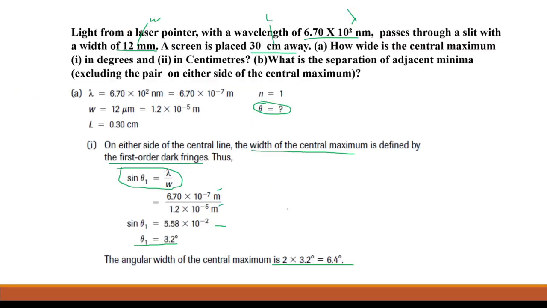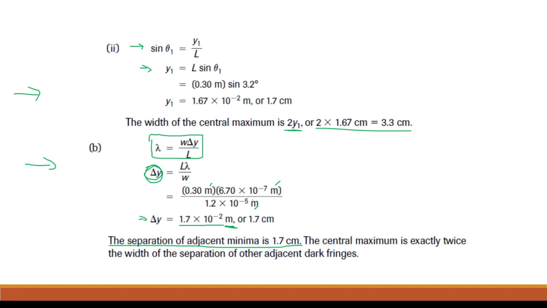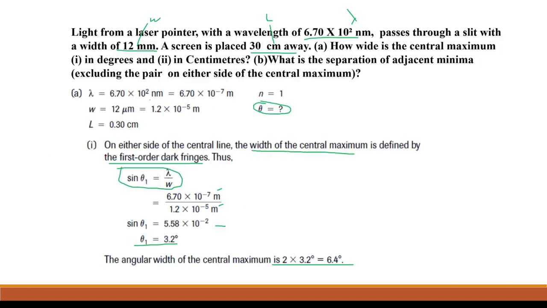And so what we've seen happen here is we've confirmed how equivalent these two are, and that our thoughts here of y1 and delta y being the same size is valid because when we were asked to find how big the central maximum was, with the information we had, we found y1, which is half that, the distance from the center of the central max to the first dark fringe, right?